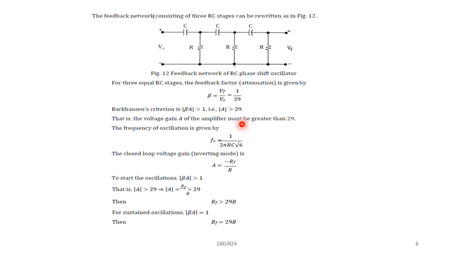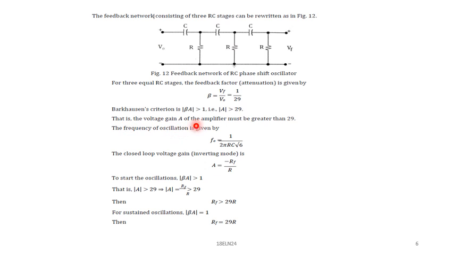Then what is the equation for the frequency of oscillation? Just note down the equation, which is enough. So the Barkhausen criterion, you know that the magnitude of beta into A, that is feedback factor into the gain, should be greater than 1. This magnitude of A should be greater than 29 because here I take beta as 1 by 29, therefore the magnitude of A is greater than 29.